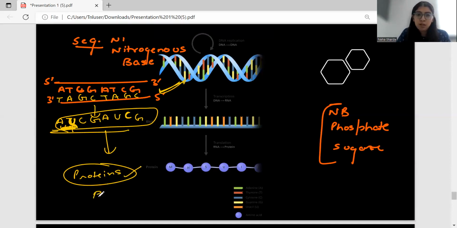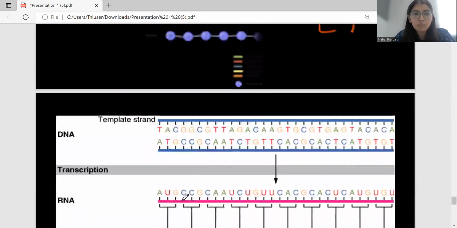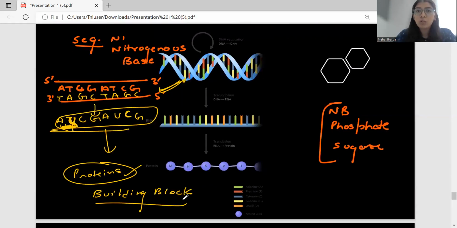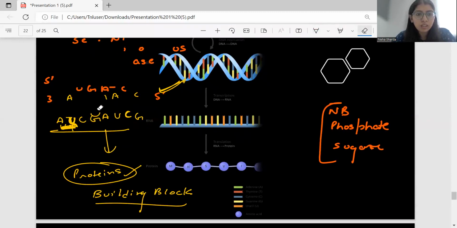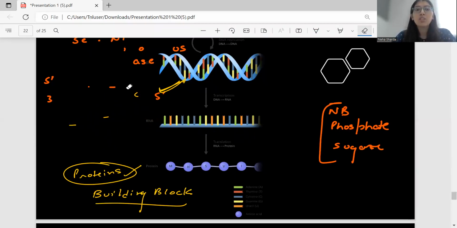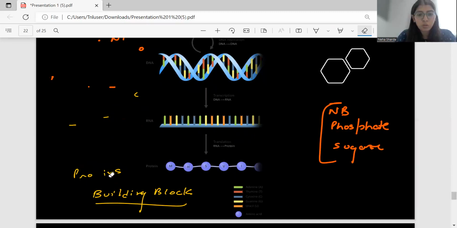And proteins are our building blocks. So that is why DNA is our genetic material. The sequence of DNA stores our information, and this information is first changed into RNA. RNA gives rise to proteins, and proteins are our building blocks.